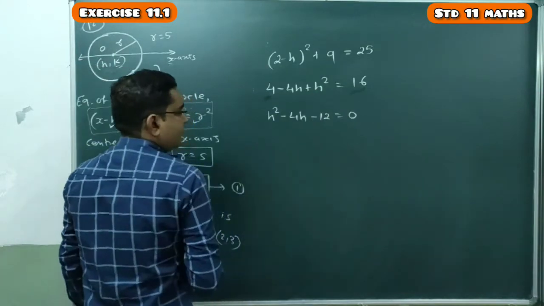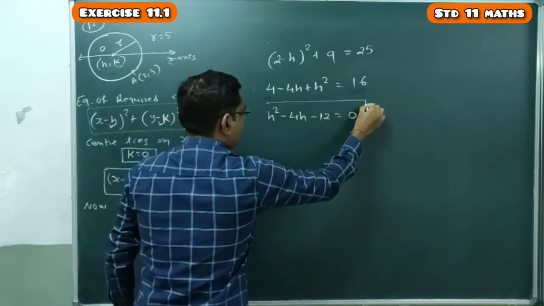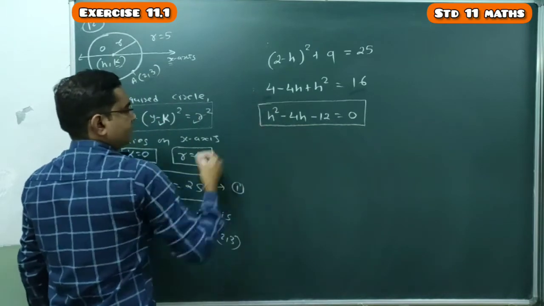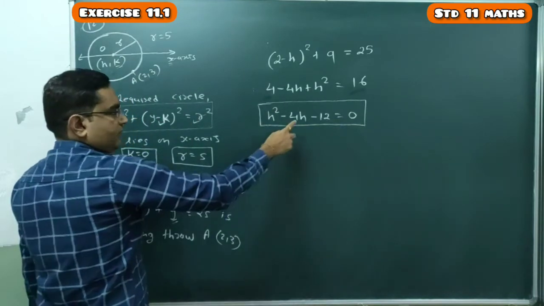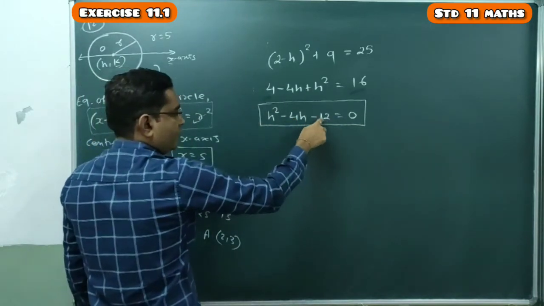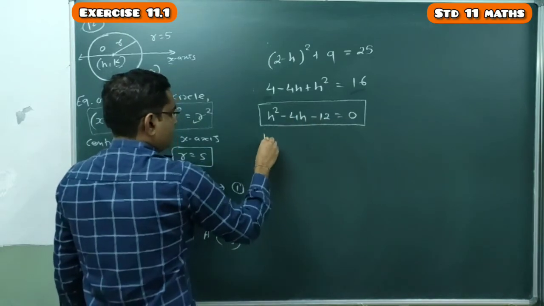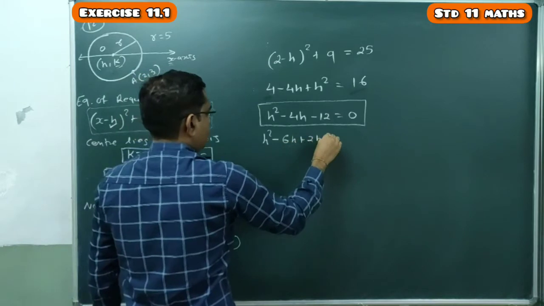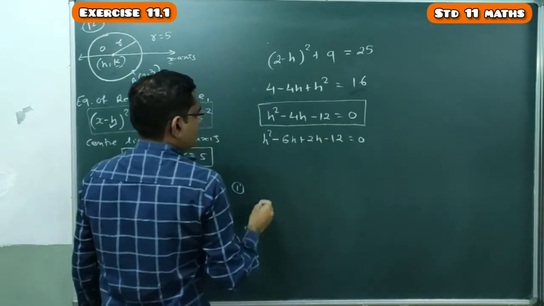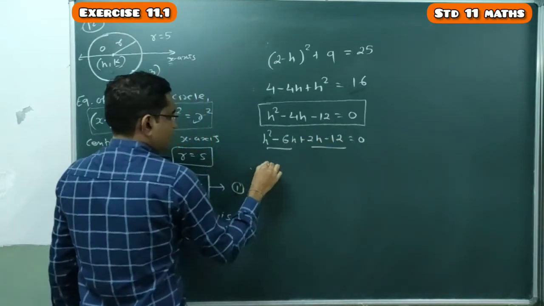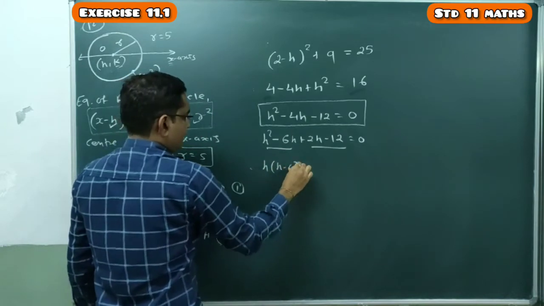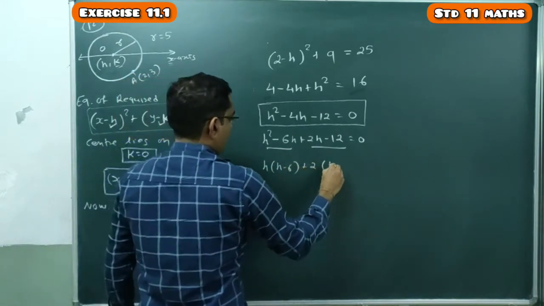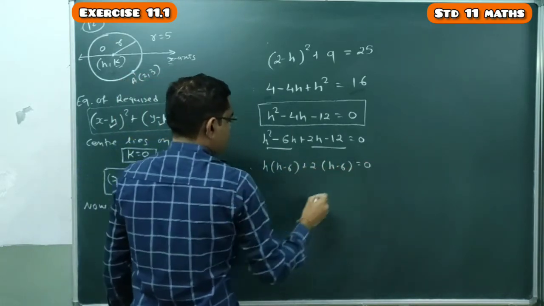So this is one quadratic equation. How to solve this quadratic equation? By splitting the middle term, factors of 12 whose subtraction is 4. 6 2s are 12, so it's h square minus 6h plus 2h minus 12 equal to 0. First group, second group. So taking h common, h minus 6 plus taking 2 common, h minus 6 equal to 0.